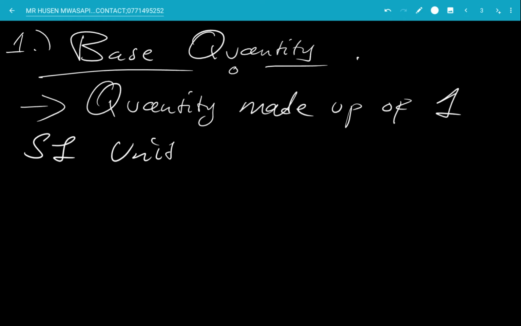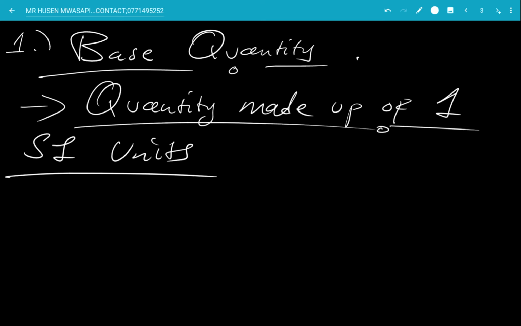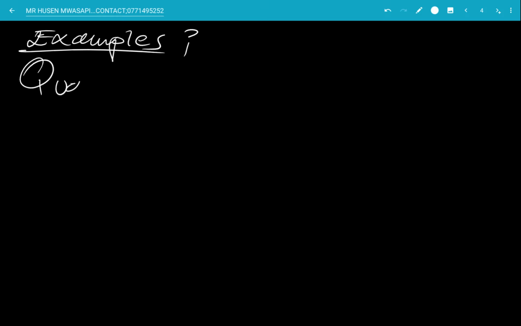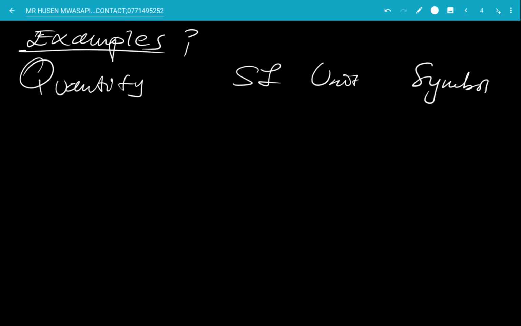Now, an SI unit is simply just something to which a quantity is measured by. So, if we had to look at examples of these basic quantities, we'd look at only 7 because we basically only have just like 7 quantities. So we have quantity, SI unit, and simply just what? The symbol.